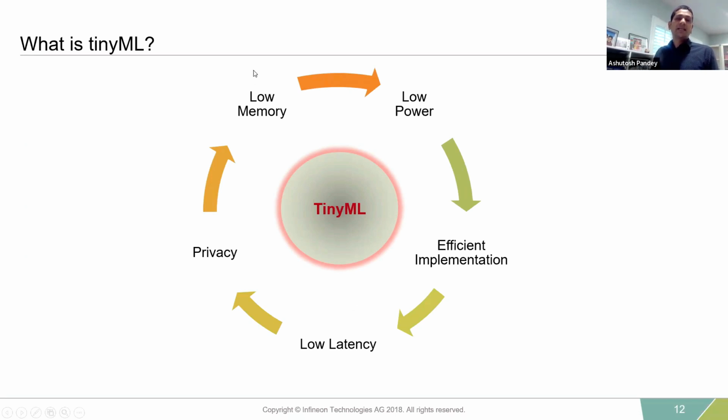I added low memory and efficient implementation as well, because when we think about tinyML, these are aspects that we cannot live without. So with these five pillars in mind, for the rest of the talk we will try to see how we can maintain them in our machine learning solutions while we try to get to the next milestone or next stop.